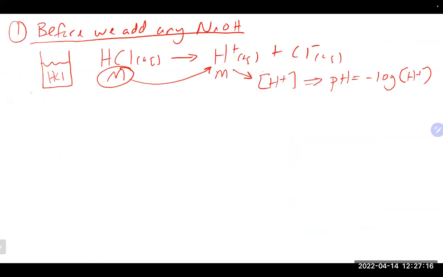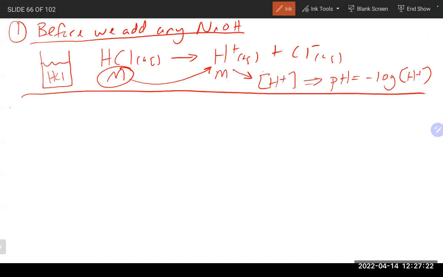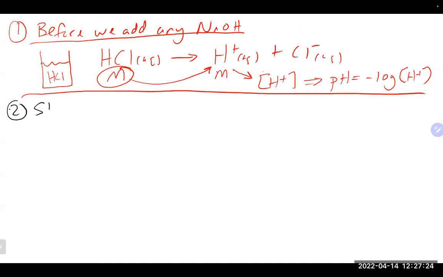So let us do it like this. Let us look at step number 2 here, where we are starting the titration. We are definitely before the equivalence point. As I mentioned before, you will definitely need to do an ice table.